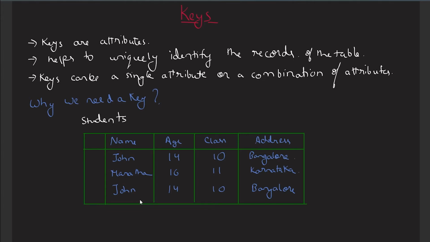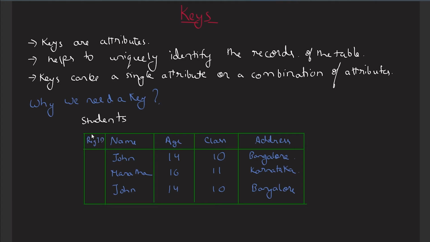So if we include another attribute that has information unique to all the students, for example, in universities, colleges, schools, there will be some roll number, registration ID, enrollment number. These kinds of numbers will uniquely identify the student. No two students will have the same roll number or same enrollment ID. So we can include here, suppose, registration ID.